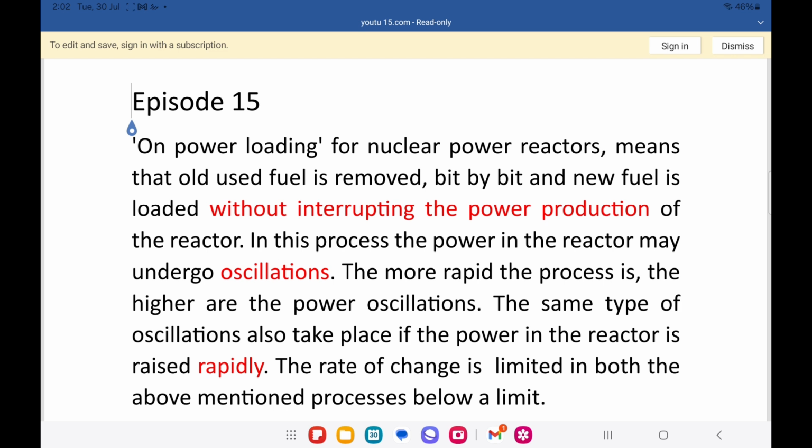The more rapid the process is, the higher are the power oscillations. The same type of oscillations also take place if the power in the reactor is raised rapidly.